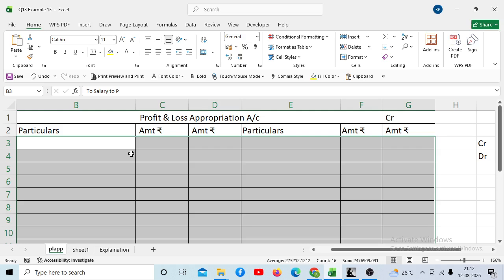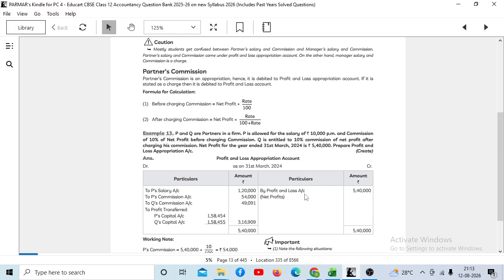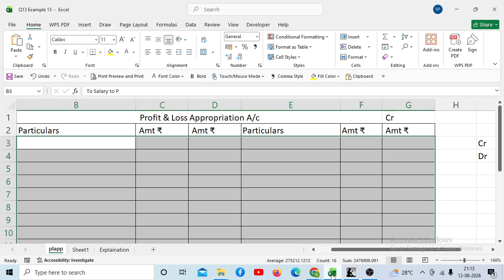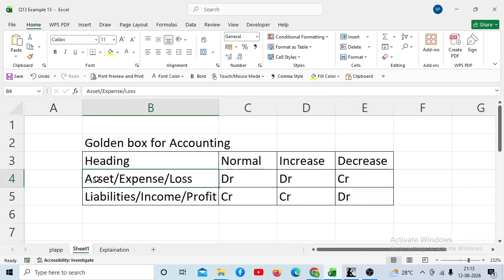Fiza, are your columns ready? Yes, sir. Okay. Now let us refer to the question. Please draw the golden box also. I hope you can draw it now. Yes.